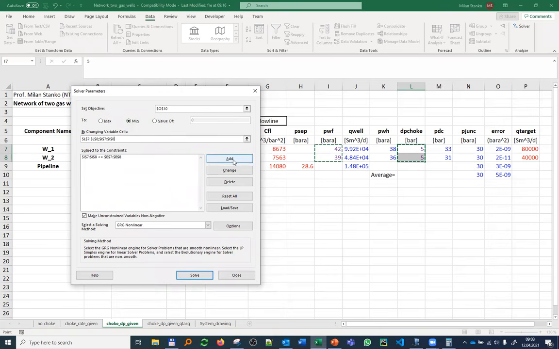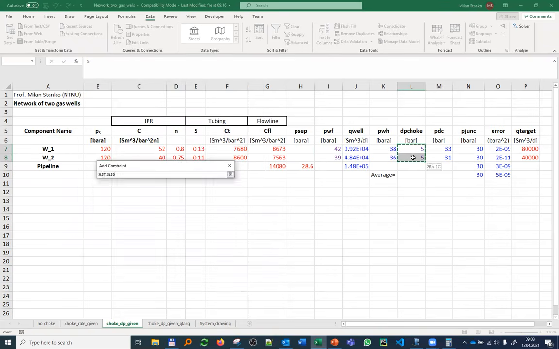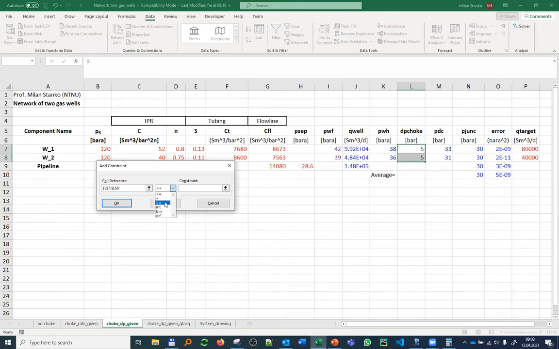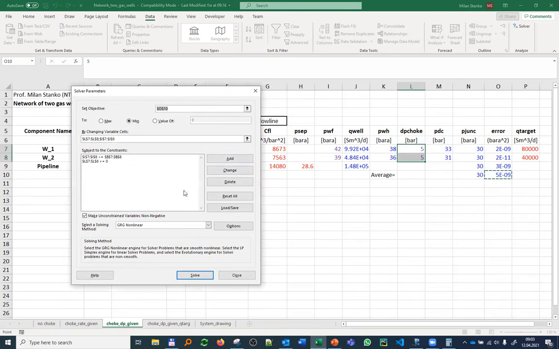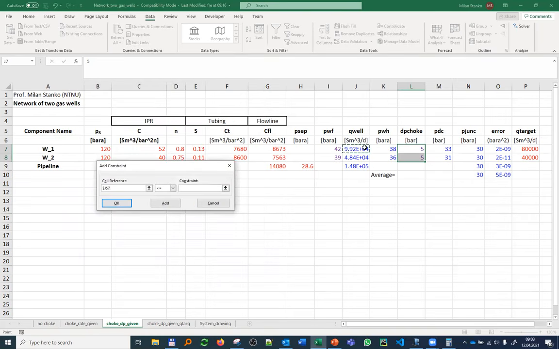Then I want to add the constraint that these two should be greater than 0. And also the constraint that this rate should be equal to this target, and this rate should be equal to this target.